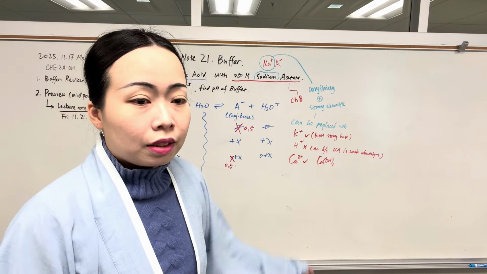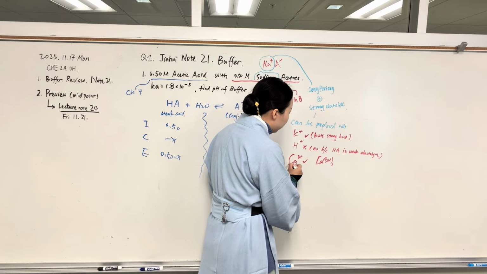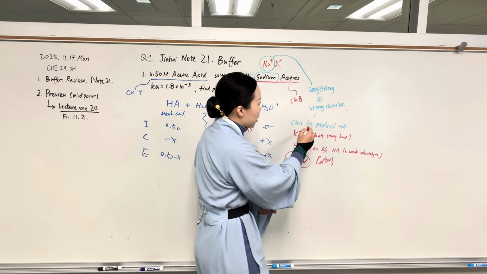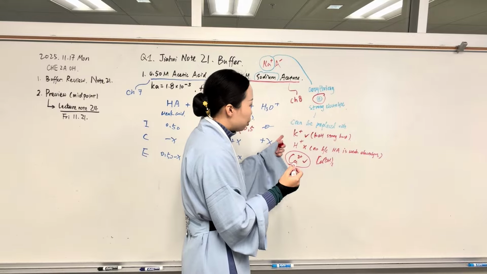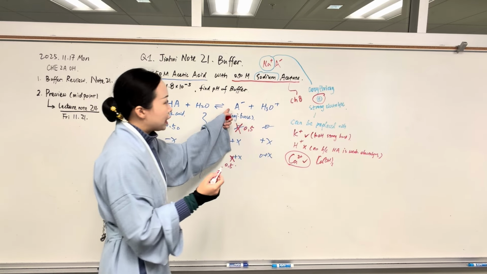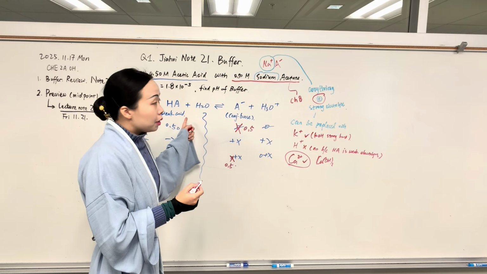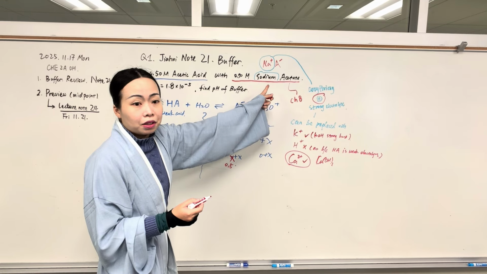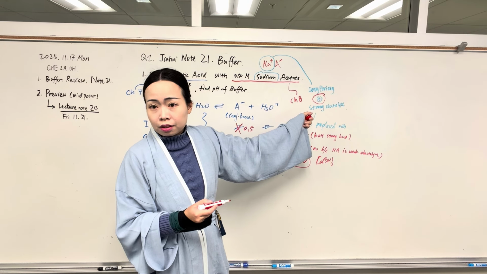Yes, that would work too. So this is only a placeholder, because I need something positive. That positive should not play around with the A minus to affect my Ka. Otherwise I'm in trouble. The whole point is A minus needs a partner. That partner needs to be something positive and should not affect my A minus. Make sense?